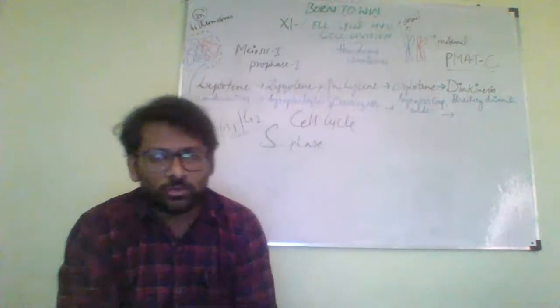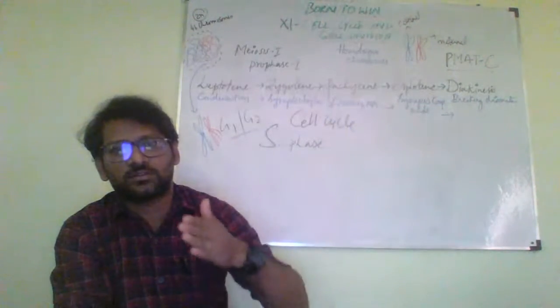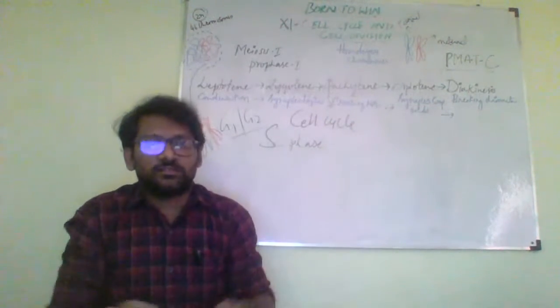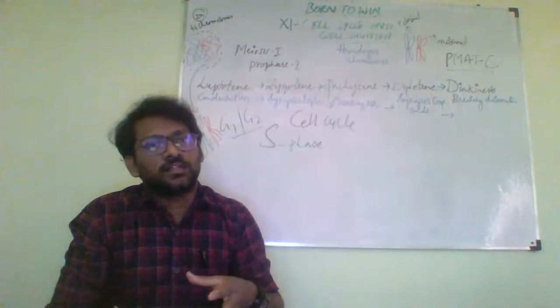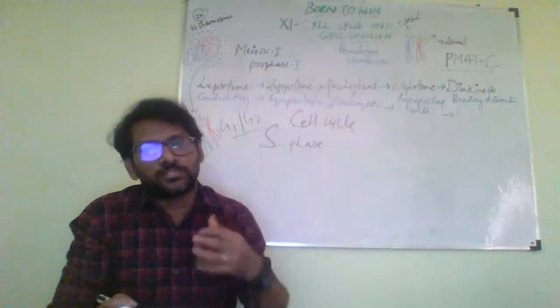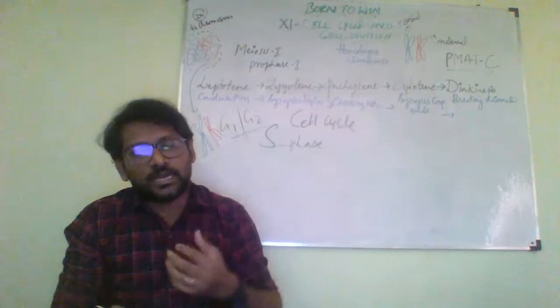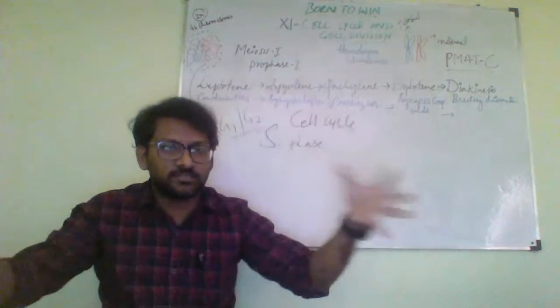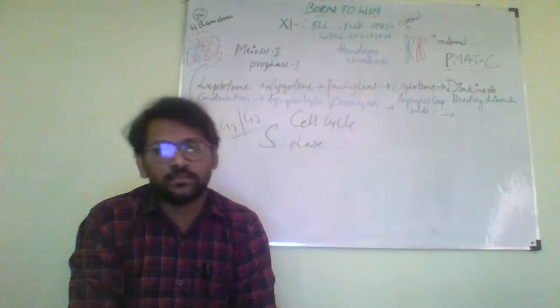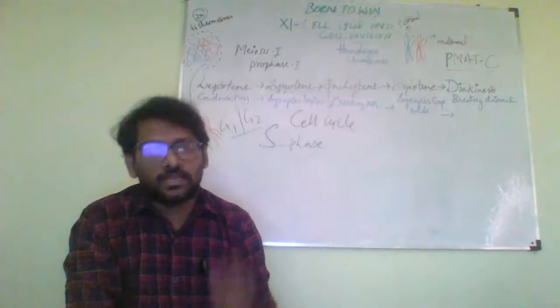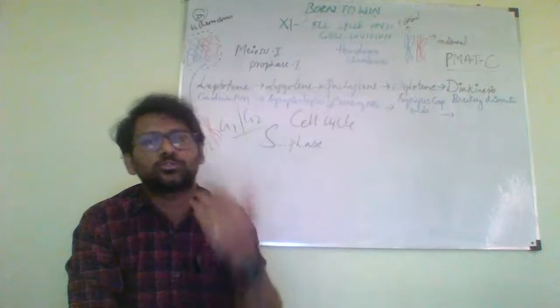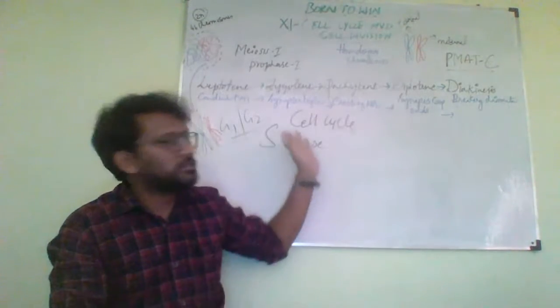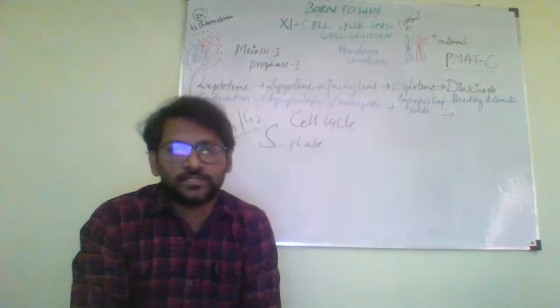Once G1 has prepared everything for entering the S phase, during S phase, using the proteins and RNAs already produced, it starts synthesizing its own DNA, right? And then it enters the next phase, the second growth phase, which follows the S phase.